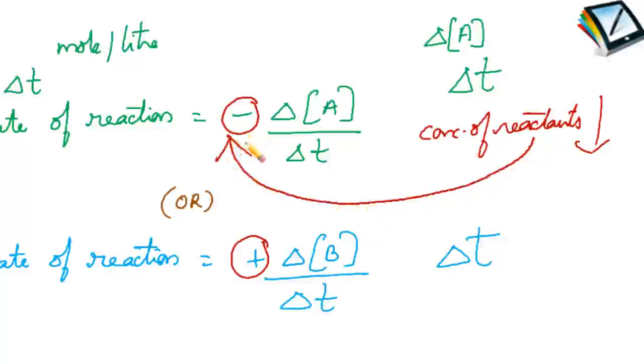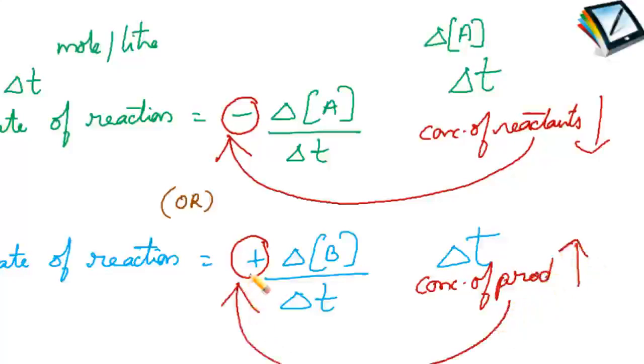Here we know that for the case of the product, along with the time, the concentration of the product increases, isn't it? And this increase in concentration of product is indicated by this positive sign. The positive sign in front of the product indicates that there is an increase in the concentration of product along with the time, and the negative sign in front of the reactant indicates that the concentration of the reactant is decreasing along with the time.